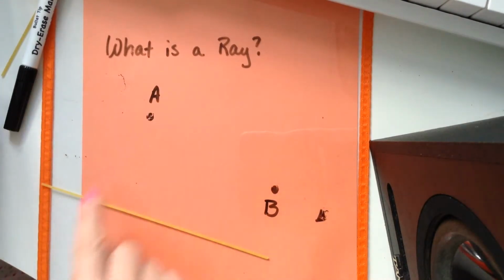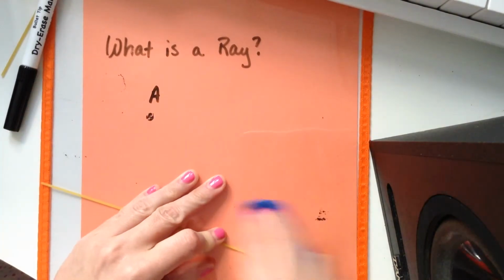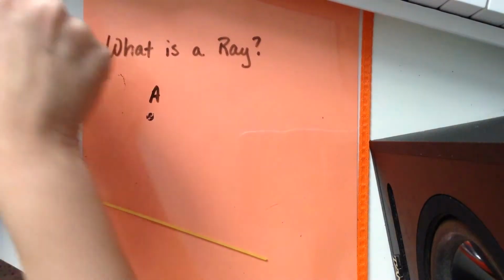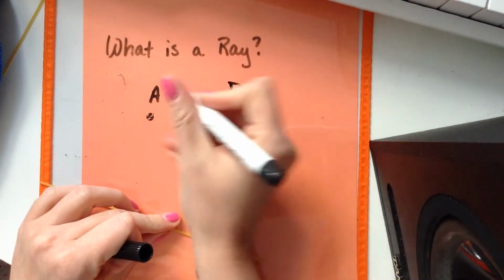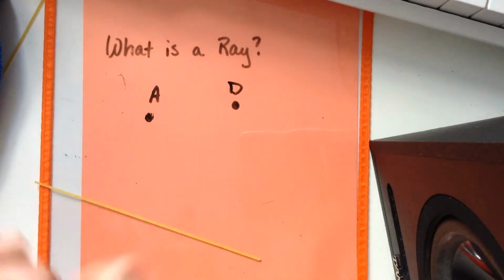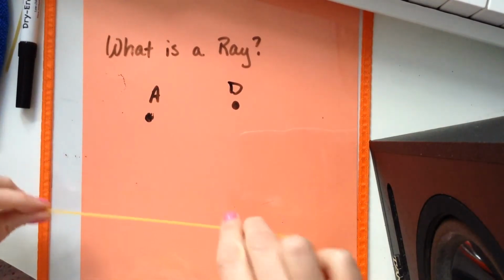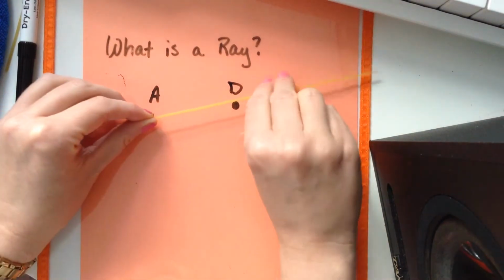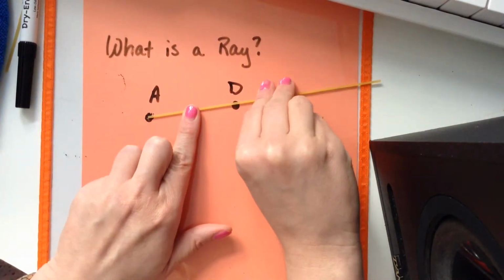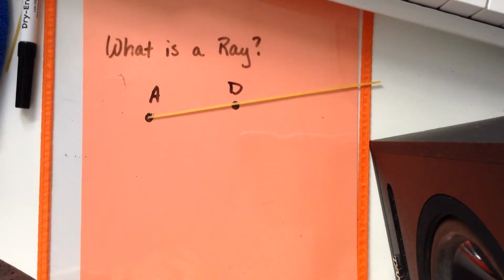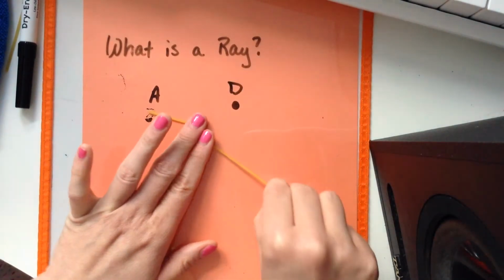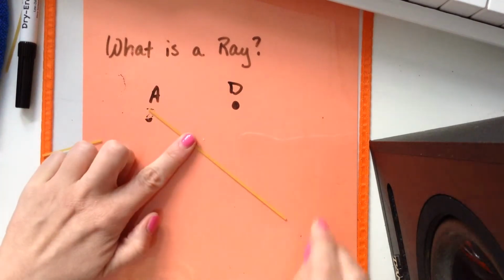Let's keep point A for a minute. Get rid of B. And let's say I want to put point D here. Let's make that a little darker. Well, let's say A is the endpoint, and D is the point that's going to give it direction. So B before was here.